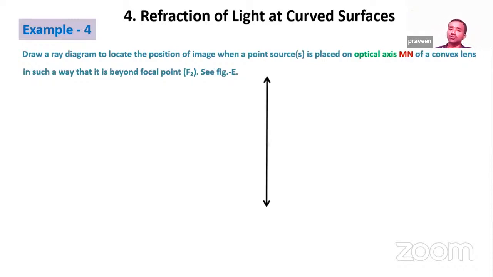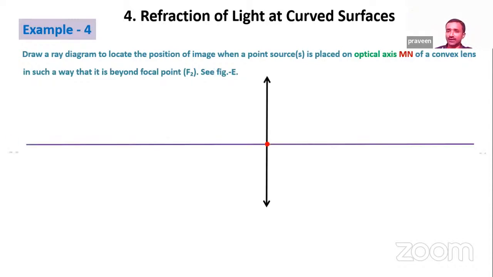So that question figure I will show you here. Simply, the object is placed on the optical axis MN beyond the focus F2. Then that green color spot is the object, given as source S, right?